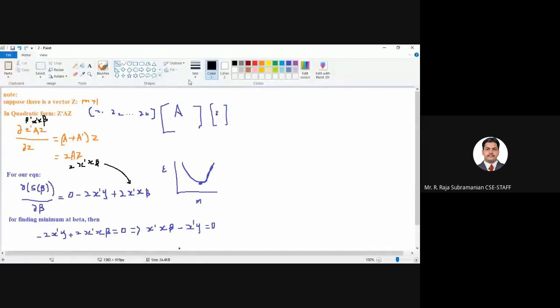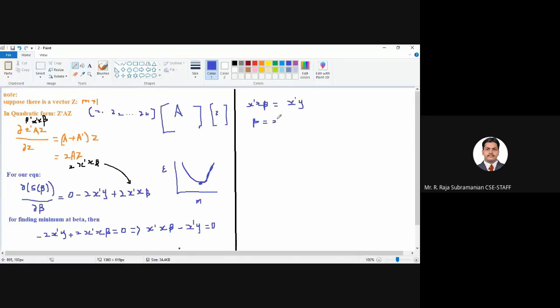Now how to get the beta value here? If I want to take the beta value out and bring all other values to the other side, I need to find what is beta, right? That's what I need to find. For beta, I can write it like x dash x beta is equal to x dash y, and I say beta is going to be x dash y into x dash x inverse.